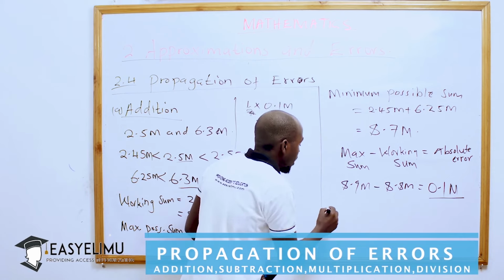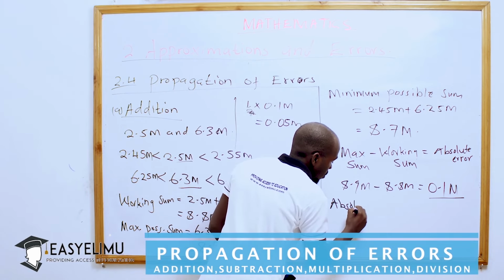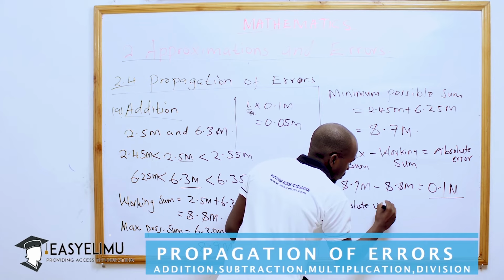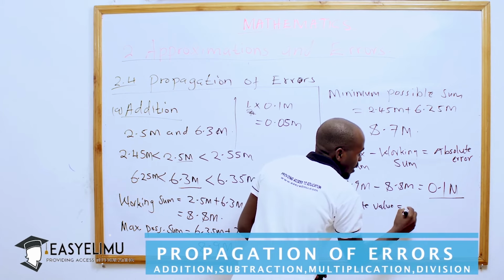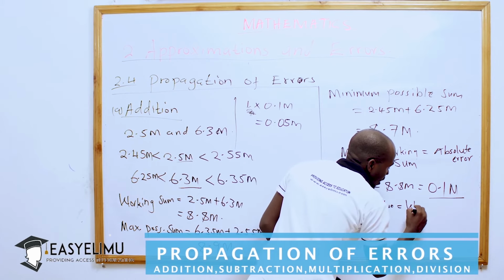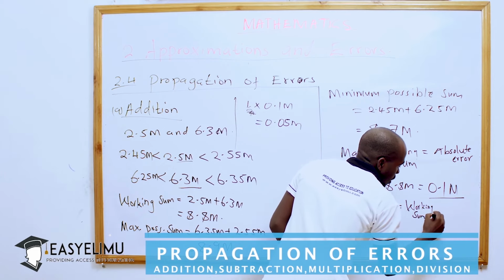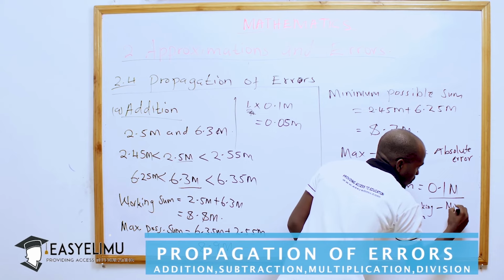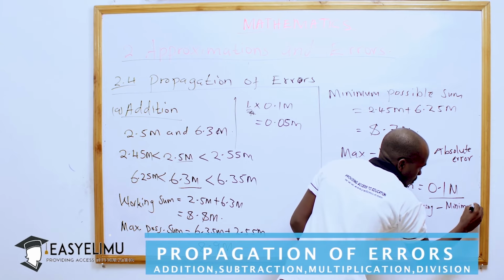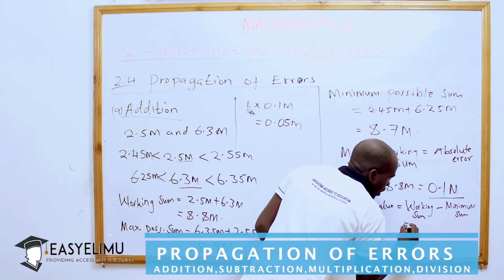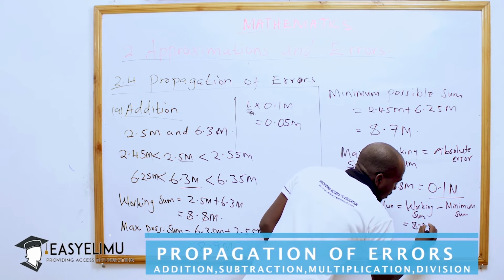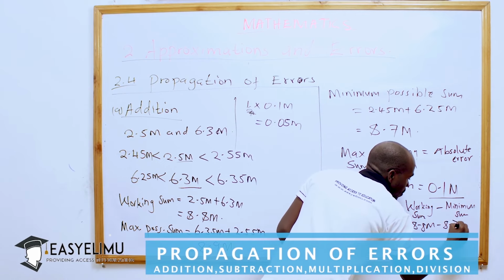Or you can still find the absolute value by taking the working sum, then you subtract the minimum sum. And this one is going to give you 8.8 meters minus 8.7 meters.